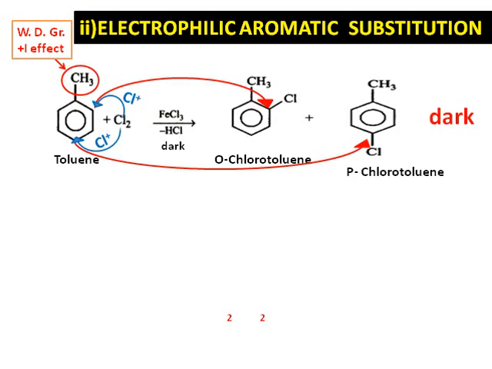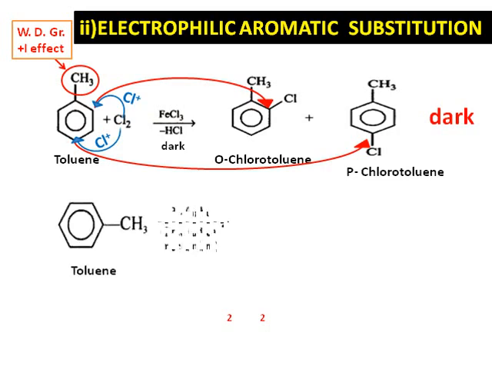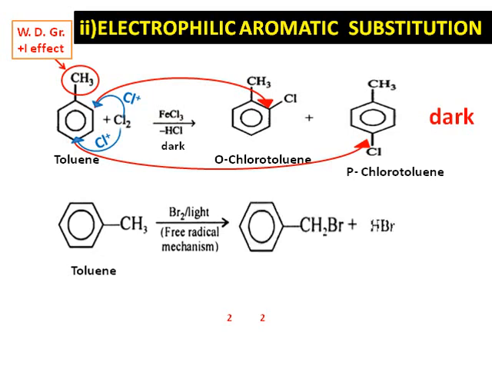Now what happens if the reaction takes place in presence of light? Again here we have taken toluene in presence of bromine. It will follow the free radical mechanism and we will get benzyl bromide and hydrogen bromide.